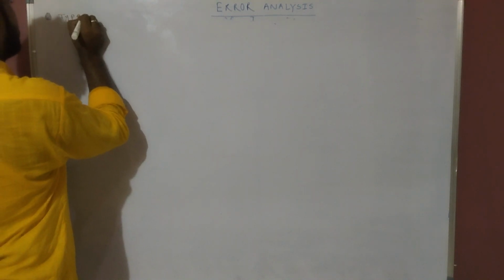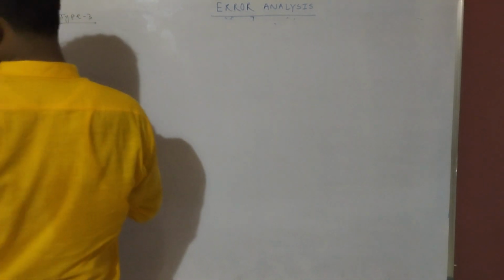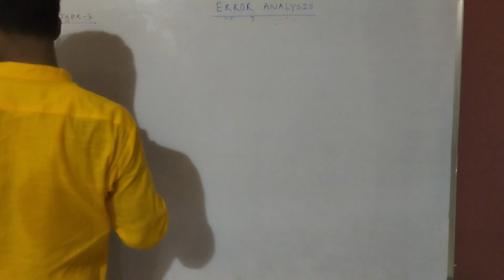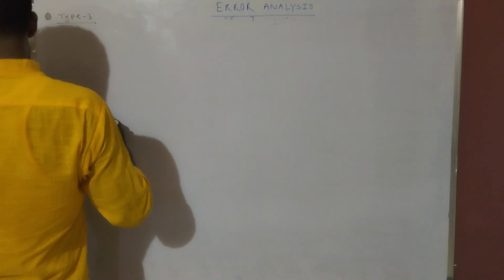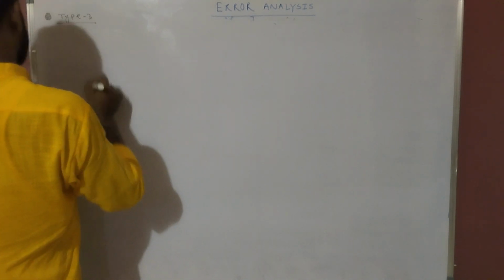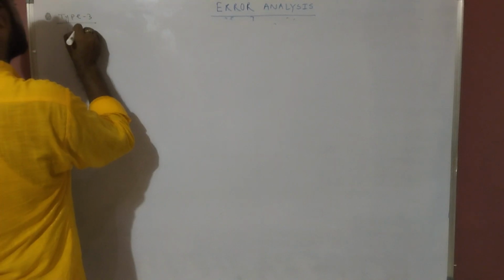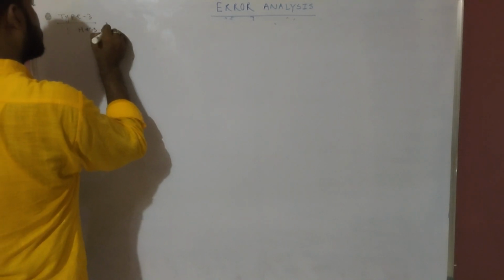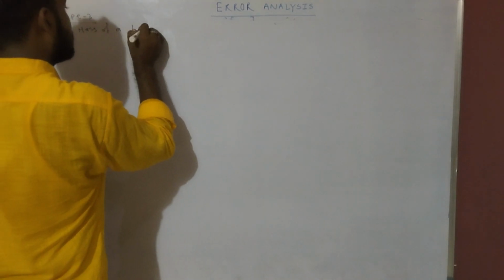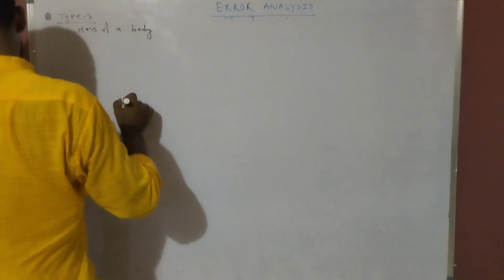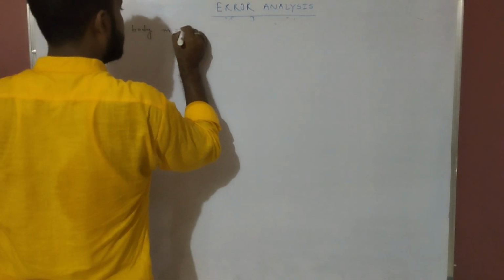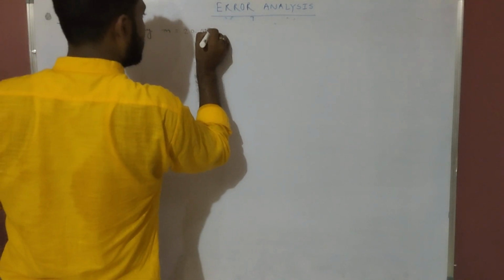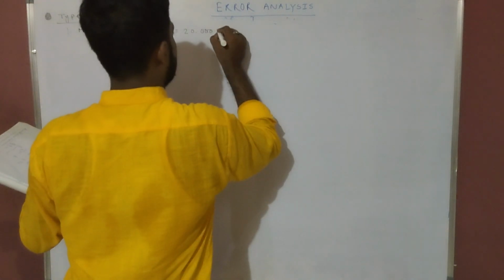Type 3. Mass of a body, M is equal to 20.000 gram.